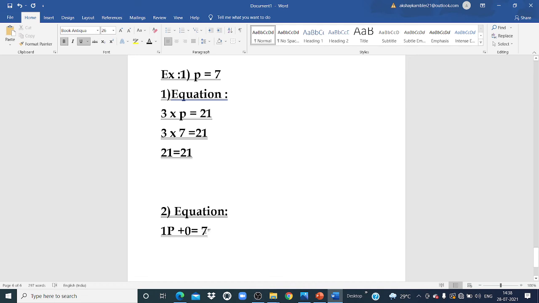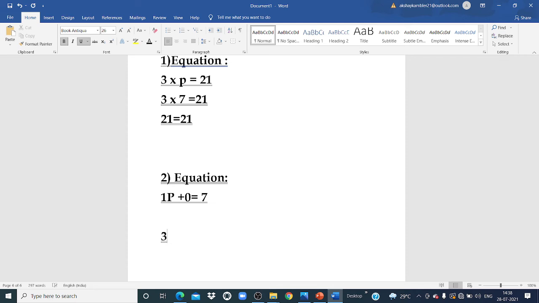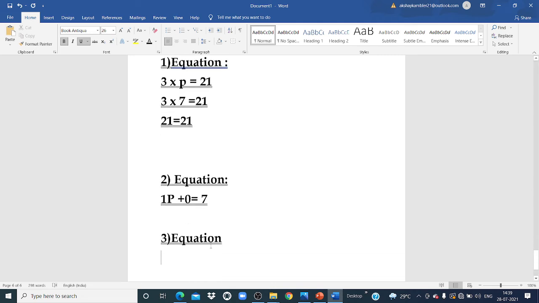Am I right? Or I can write the third equation from the same solution. p is equal to 7.